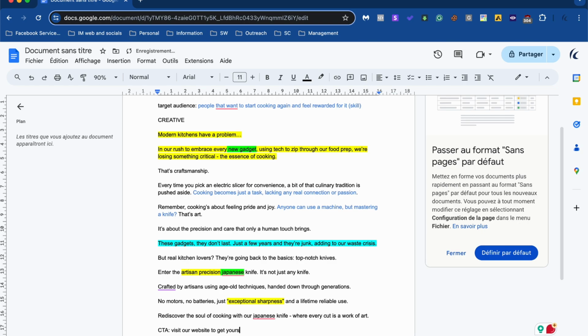And so, for example, what you could do if you are selling Japanese knives: visit our website and benefit from our special offer by getting the limited edition cookbook of traditional Japanese recipes to do with your knife for free.